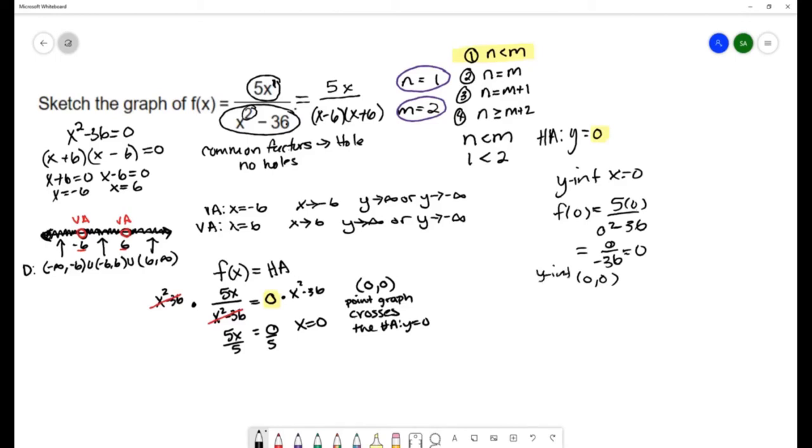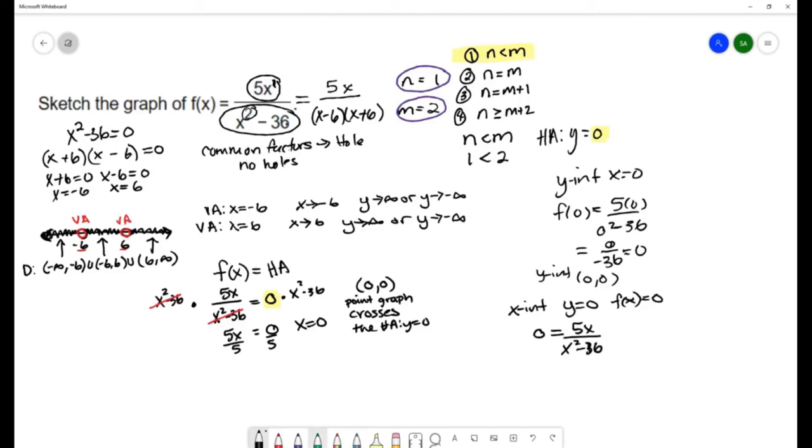Then we're going to look for x-intercepts. We find x-intercepts by letting y equal 0. We're using function notation, so f of x is our y. So we're setting f of x equal to 0. That would give us the equation 0 equals 5x over x squared minus 36.